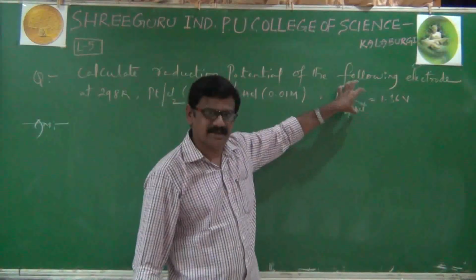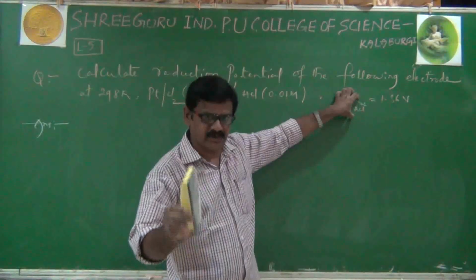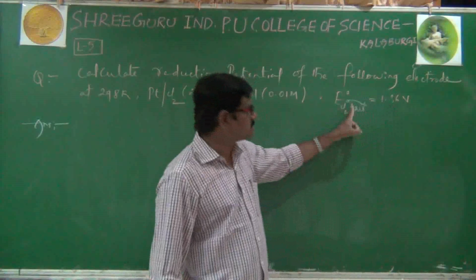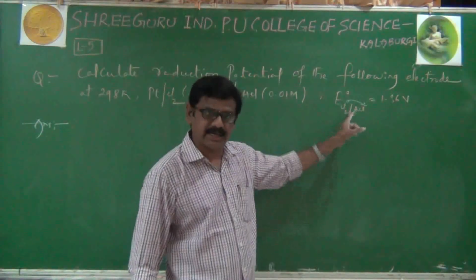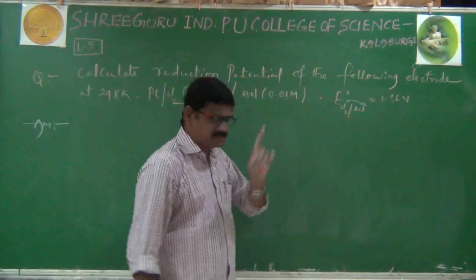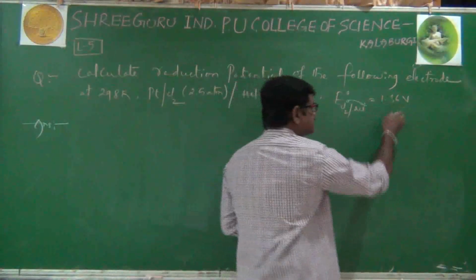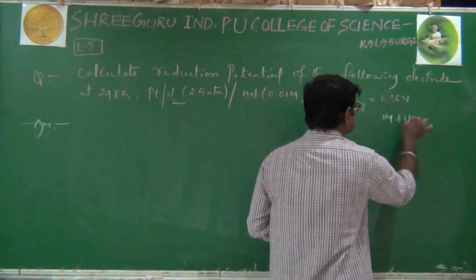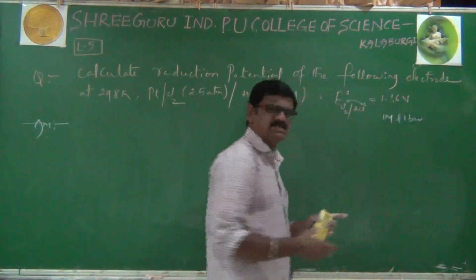Its value is fixed at 1.36, and this value we have already calculated with the help of SHE. This value is obtained at 1 molar concentration as well as 1 bar or 1 atmosphere pressure.